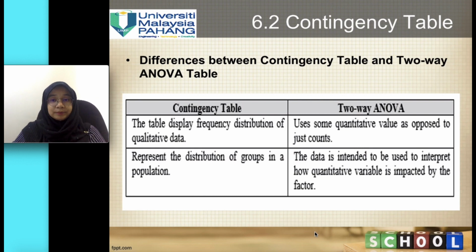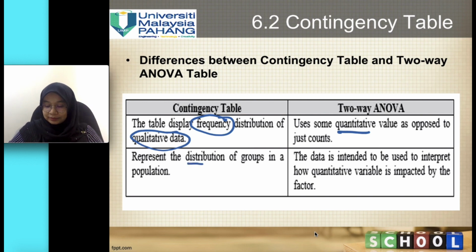The difference between a contingency table and a two-way ANOVA table: the contingency table displays the frequency distribution of qualitative data, because we talk about qualitative data. Two-way ANOVA deals with quantitative values. The contingency table represents the distribution of groups in a population.